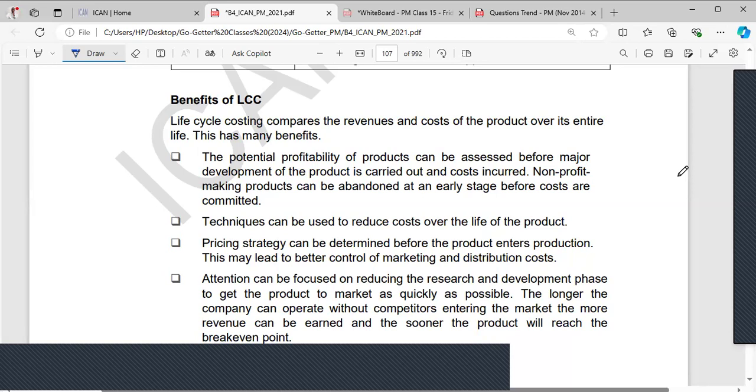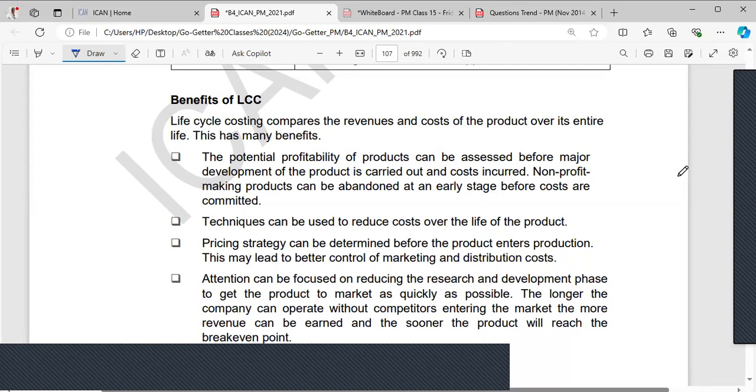Attention can be focused on reducing the research and development phase to get the product to market as quickly as possible, because the longer the company can operate without competitors entering the market, the more revenue they can be earning before they reach their break-even point.